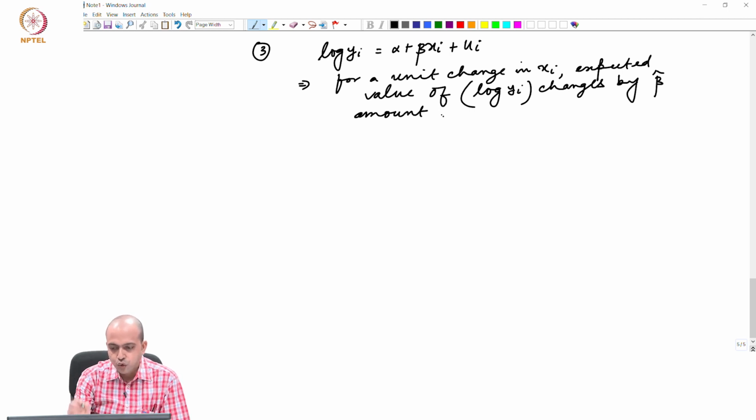When x changes by 1 unit, the expected value of log of yi changes by beta hat amount. That is the interpretation.